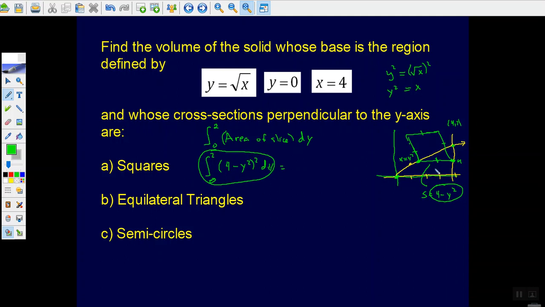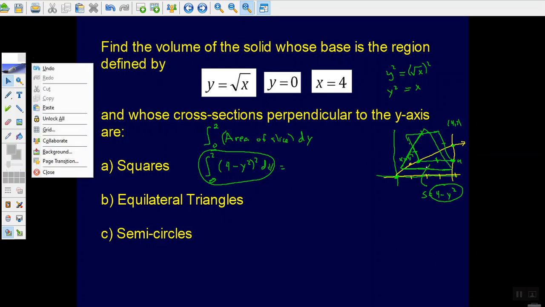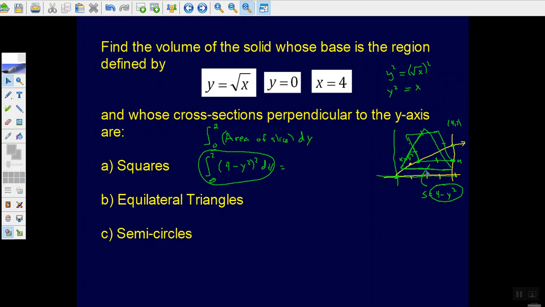For equilateral triangles, again, we could make a slice here perpendicular to the y-axis going across, and then there would be all these triangles whose dimensions are that same length. And we developed this formula the other day too. The area of an equilateral triangle was square root 3 over 4 times the side length squared.